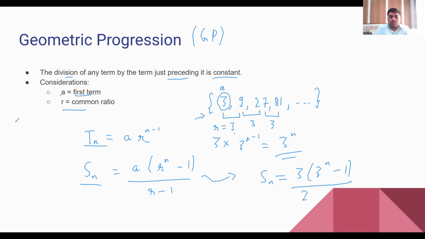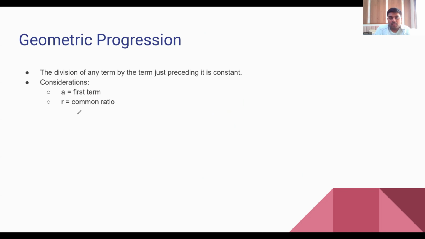Now, let us look at the properties of the GP. So see, if you are given that three numbers are in GP, you can consider the numbers as A by R, A, AR.